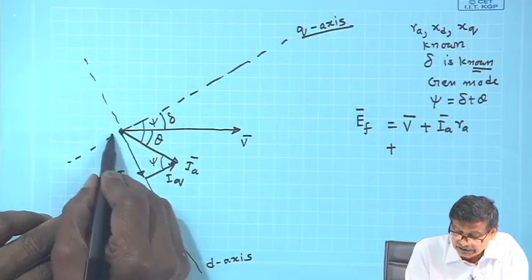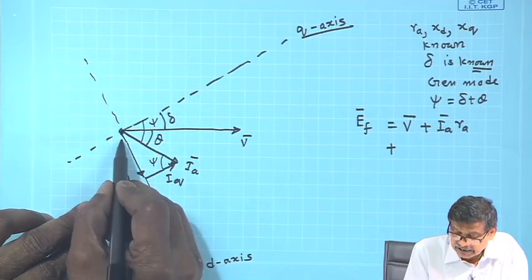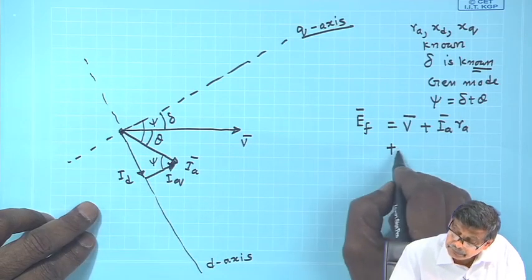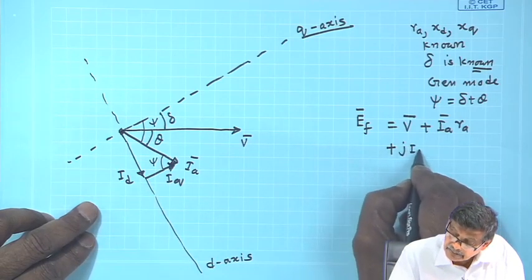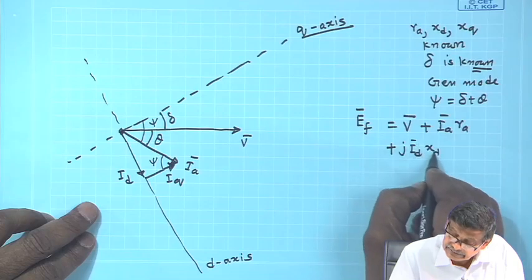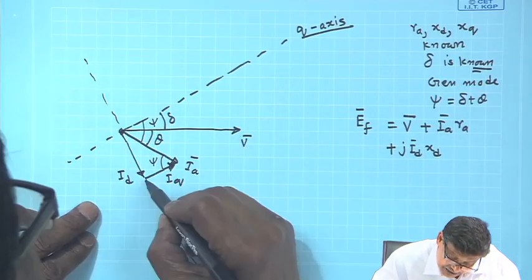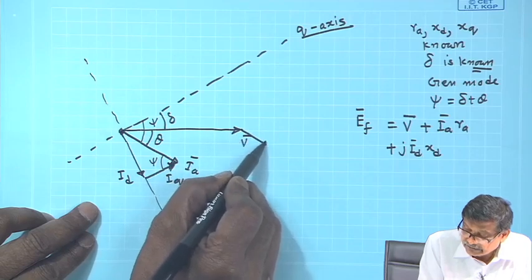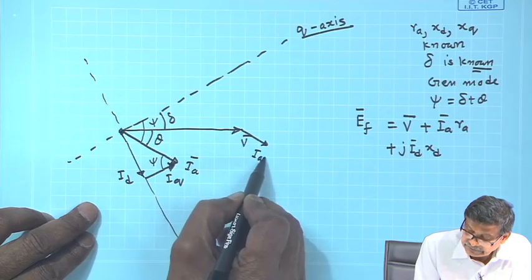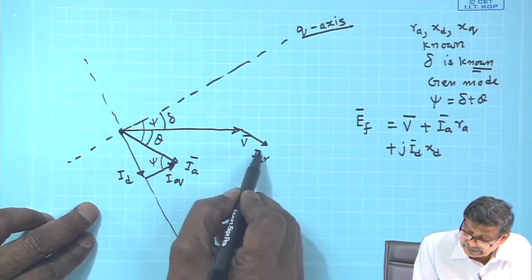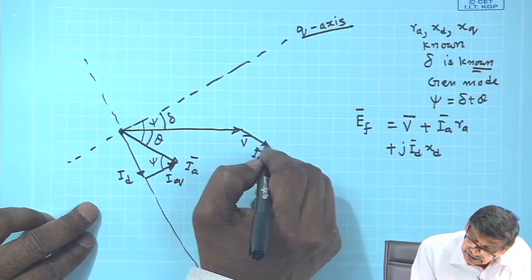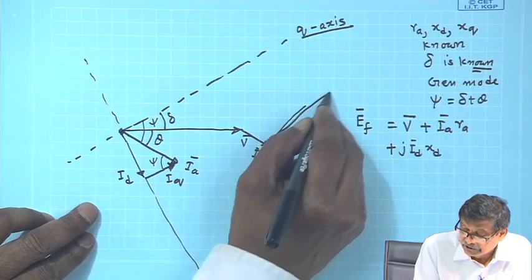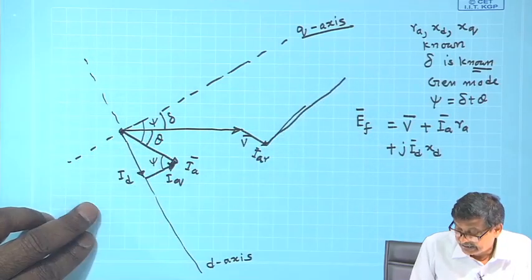I will write, instead of I a, there are two currents that exist. So, V plus I r a first I will add, this is I r a. Then I will add to this, this will be perpendicular to the d axis. So, j I d x d, where it will be parallel to the q axis because I d is here.